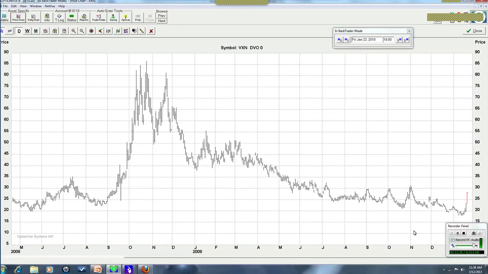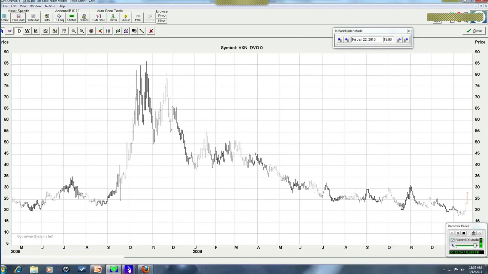But that's because the market kept going straight down, and you can see here's the VXN. That's the volatility index for the Nasdaq. Yeah, the red line is the spike for the day. That was the previous day.